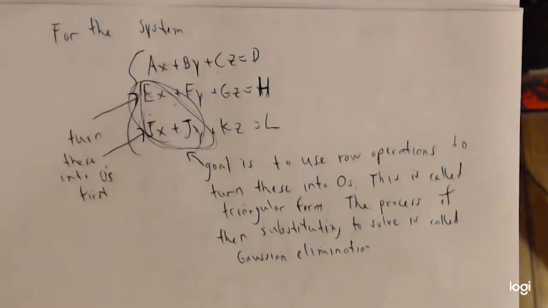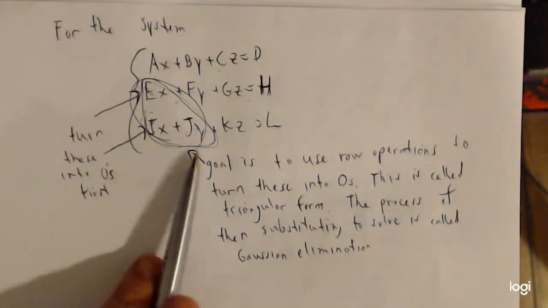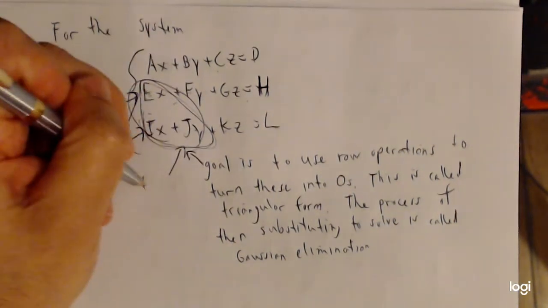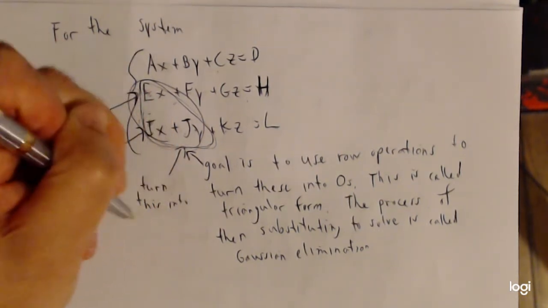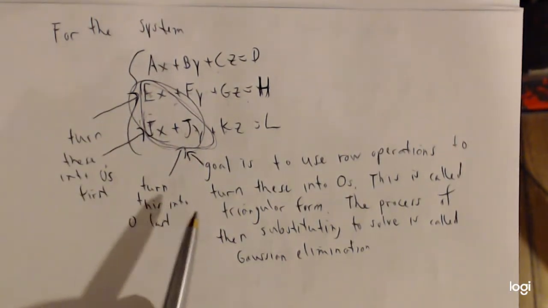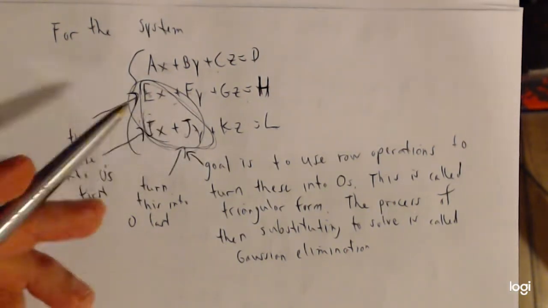Now it doesn't matter which one you turn into a zero, but just make sure these two are turned into zeros first. Then you turn that into a zero last. Okay, so with that said, we can do some examples where we'll use row operations to turn these guys into zeros.